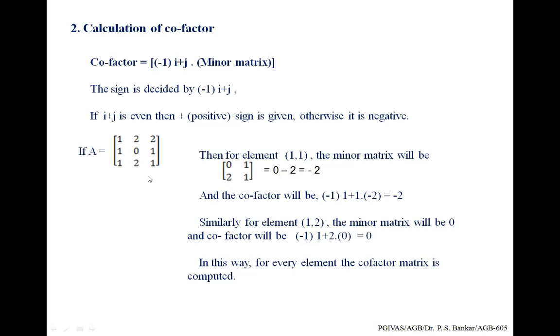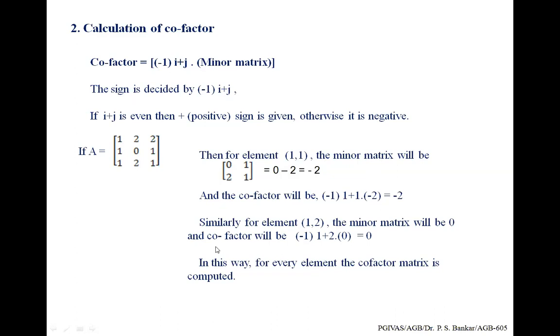For example, here the element 1 1 is considered. 1 1 is first row and first column. So for the first row and first column, i plus j will be 2, isn't it? 1 plus 1 will be 2. Minus 1 to the power 2, so this will be plus 1 times the minor. So this is the way we are estimating the cofactor.